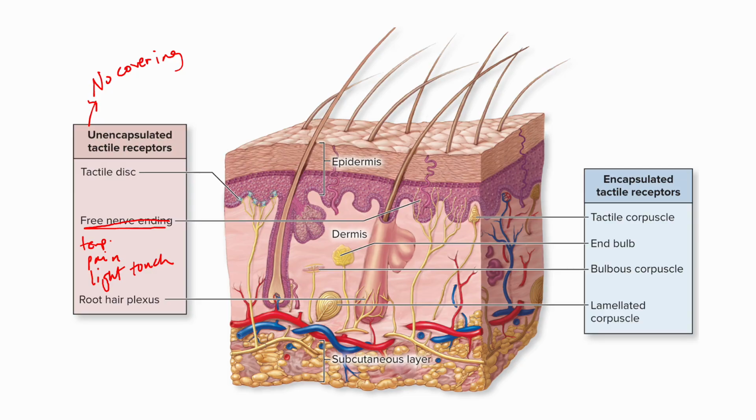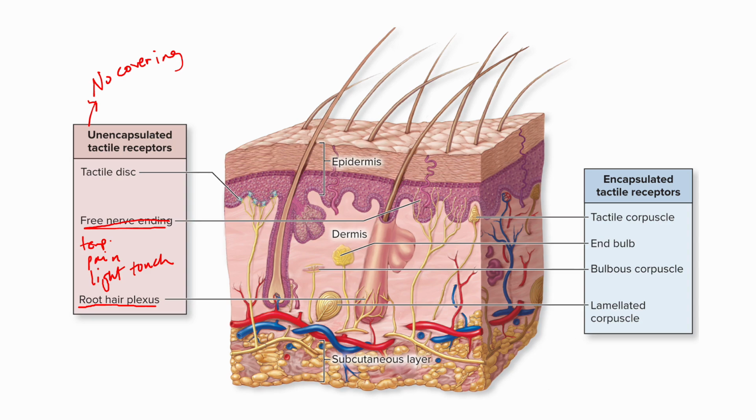Okay, now let's go ahead and cover the root hair plexus. As it sounds, these root hair plexuses essentially form a mesh, right? They form a web-like structure around our hair follicles. And as you can see, these are deeper, down into the reticular layer.